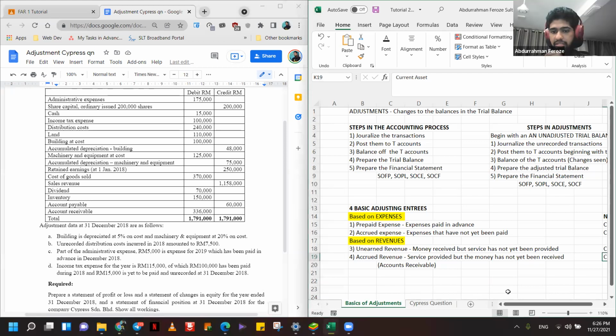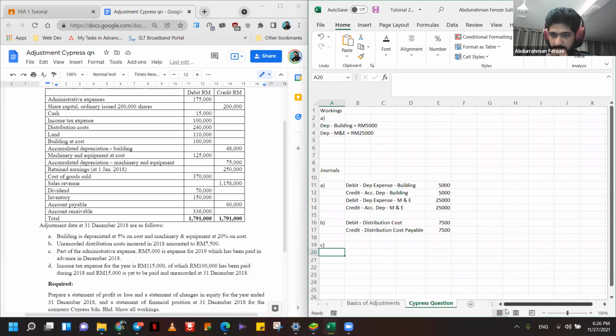So prepaid expenses are a current asset, right? So then you would debit prepaid expense, because there is no entry here that deals with prepaid expense. So we have to create a new entry of our own. We debit prepaid expense because this is an asset to us. How much? 5,000.